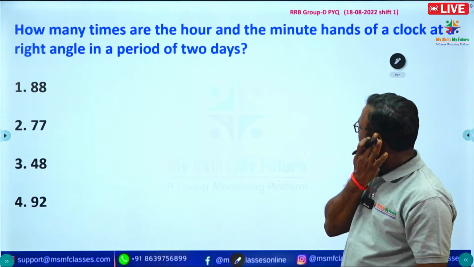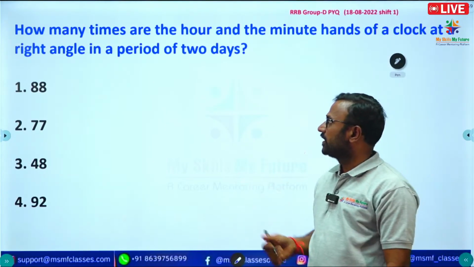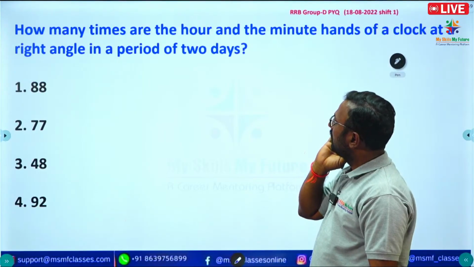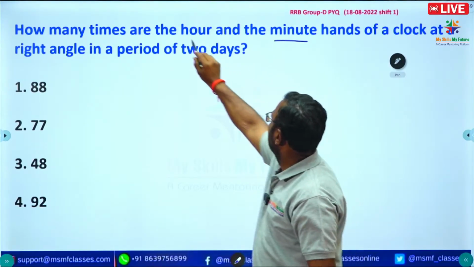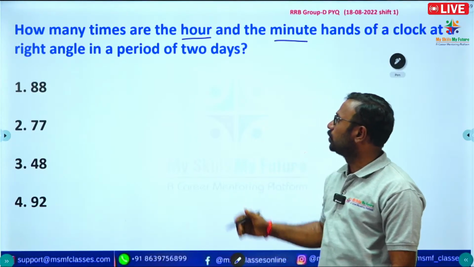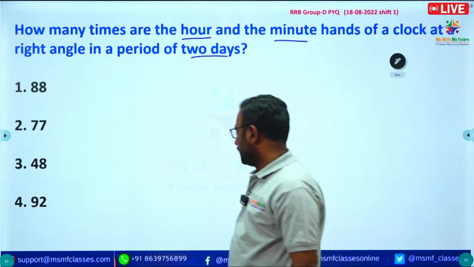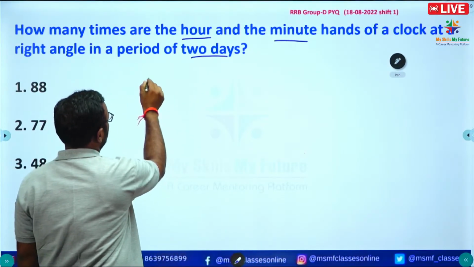Okay, see the question. This question is based on clocks. So a direct question is given: how many times are the hour and the minute hand of a clock at a right angle in a period of 2 days? So it is a basic question on clocks. There are three types of questions.